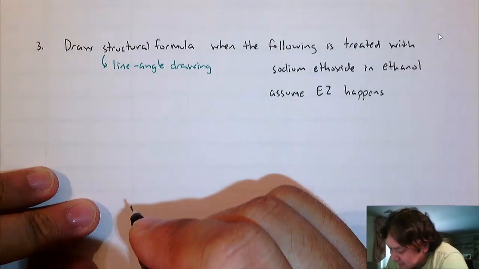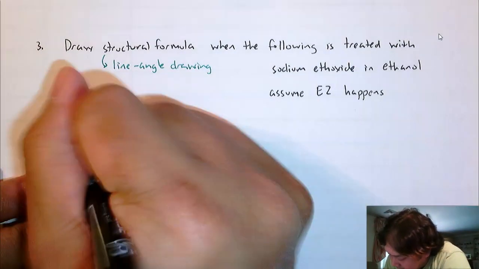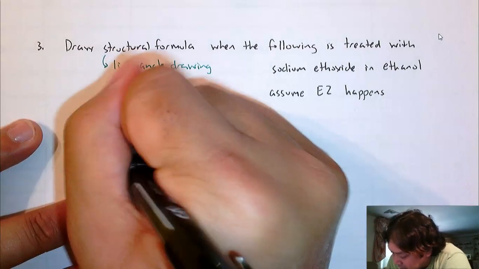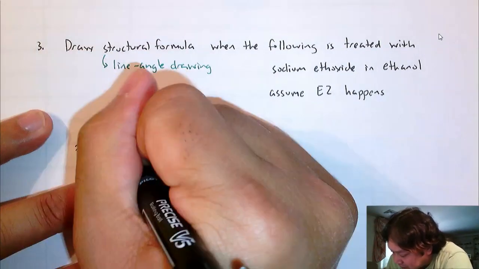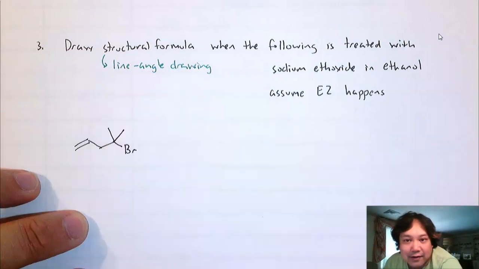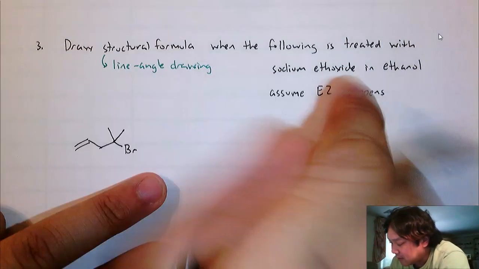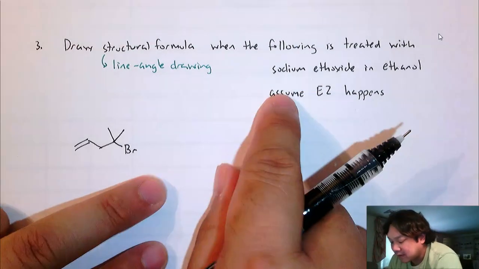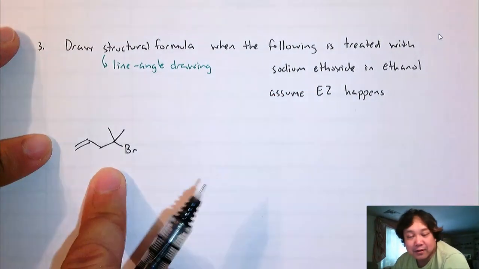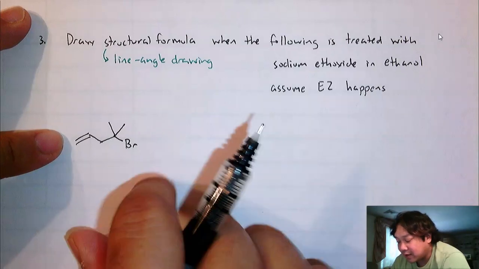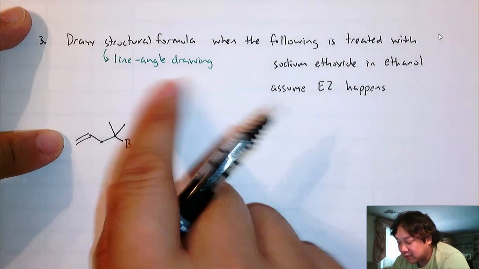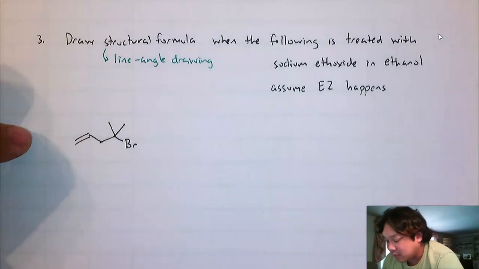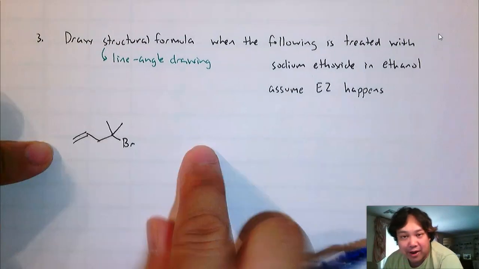As long as I'm talking about not letting unimportant things distract you, let's have that alkyl halide. The problem is in black, and they expect you to draw the product. But when you're practicing, I would draw out the whole reaction.